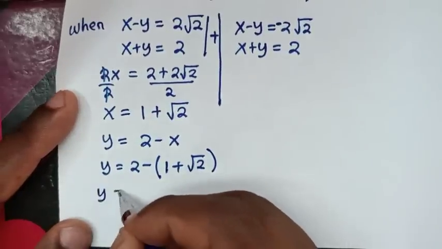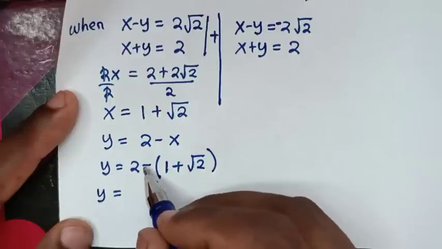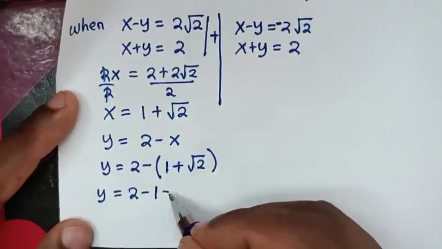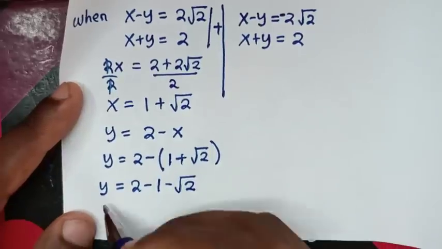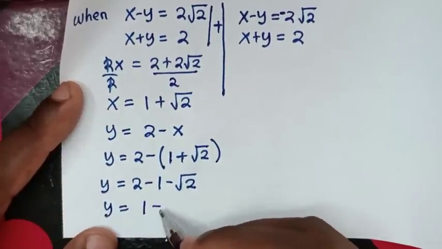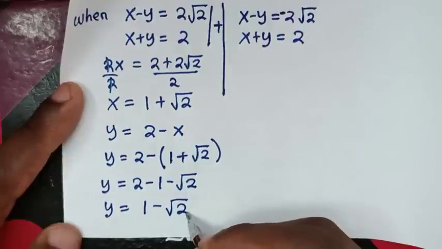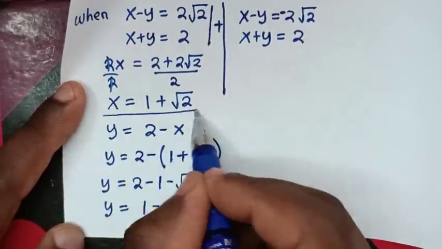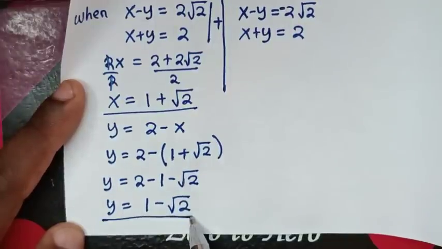Then y is equal to, we'll take the negative inside the bracket, to be 2 minus 1, then minus square root of 2. Then y is equal to 2 minus 1 is 1, then minus square root of 2. So this is the value of x, and this is the value of y.